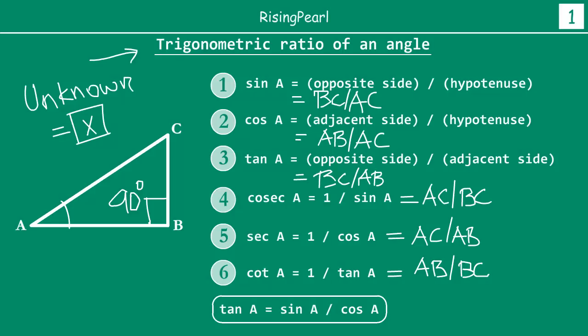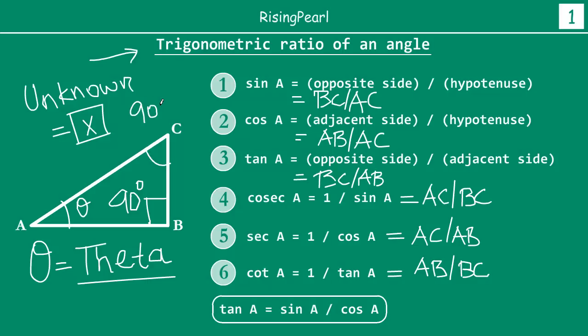Similarly, in the world of trigonometry, whenever we don't know an angle, angle A or angle B or angle C, we represent it by this symbol, and this is called theta. So I could have said this angle is theta. If this is 90 degrees and this is theta, then this angle becomes 90 minus theta.